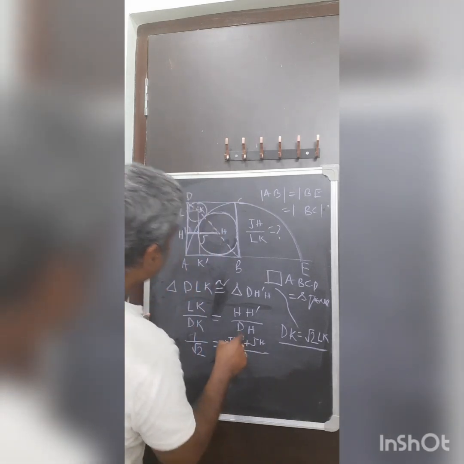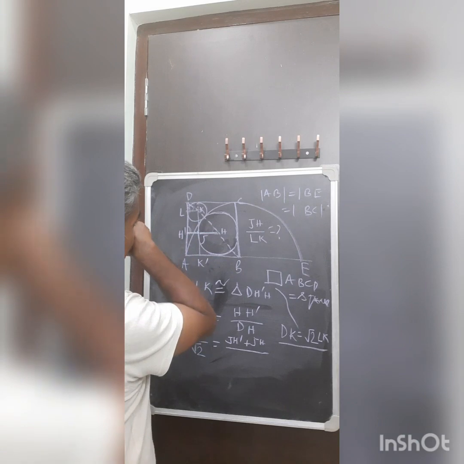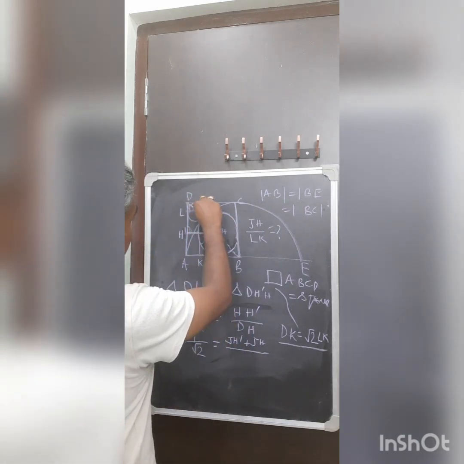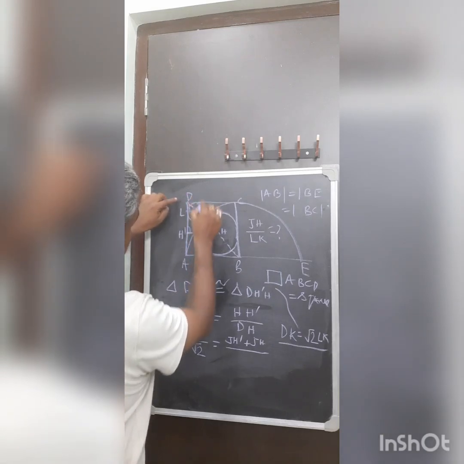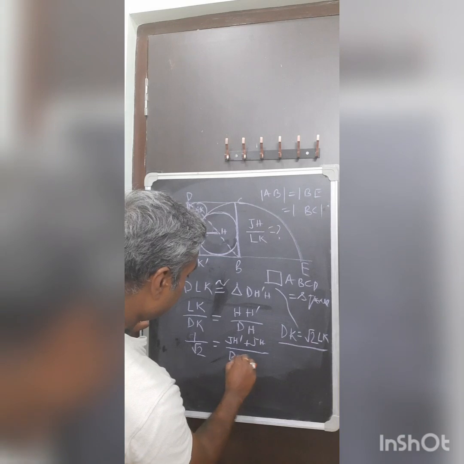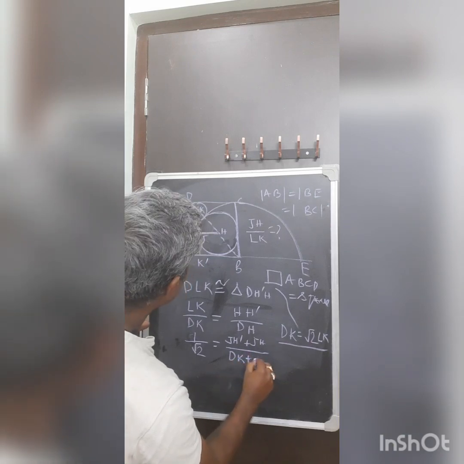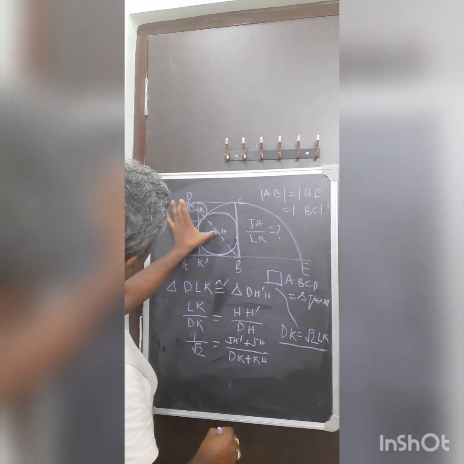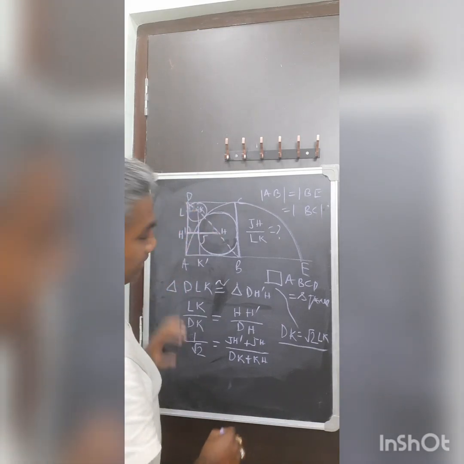Now DH. What is that? DH is nothing but this part, DK plus KH. See, this part is equal to this plus KH.